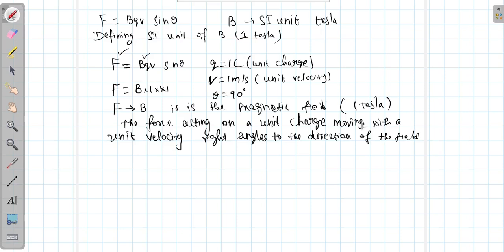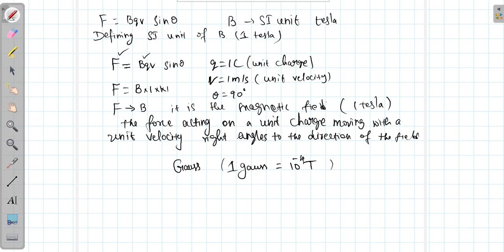And we have one more unit called Gauss for magnetic field. 1 Gauss is equal to 10 power minus 4 Tesla. Sometimes they ask in problems.